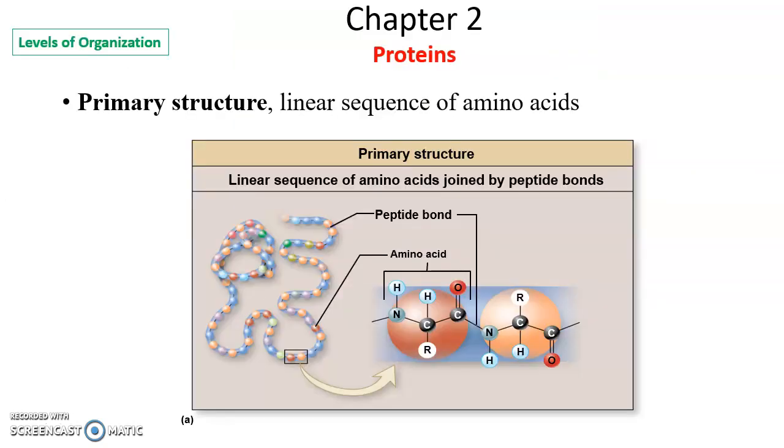So, primary structure of proteins is the linear sequence of amino acids. So just knowing the name of each amino acid along the chain is the primary structure.